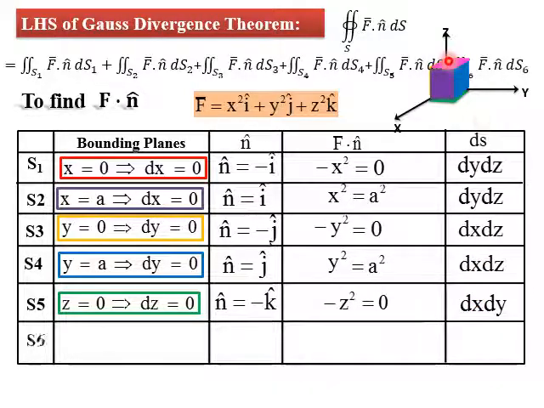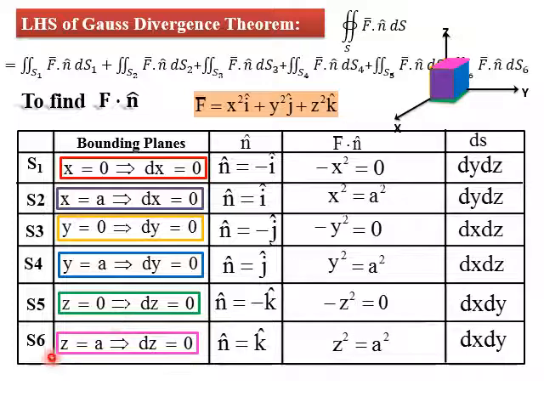Take the sixth face S6, z equal to a. On z equal to a, dz is 0. N cap is the outward normal along the positive z axis, so n cap is plus k cap. F bar dot k cap is z square. On the plane S6, z is a. Therefore f bar dot n cap is a square and dS6 elementary area is dx dy.